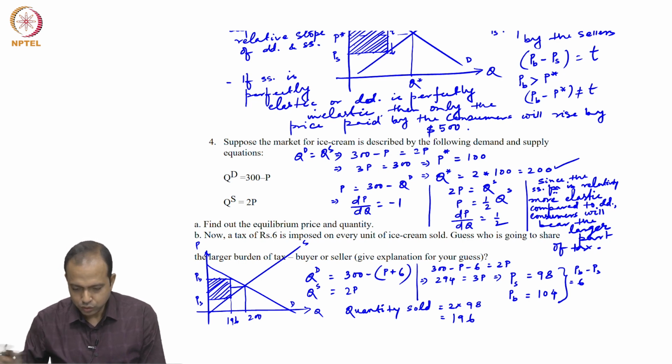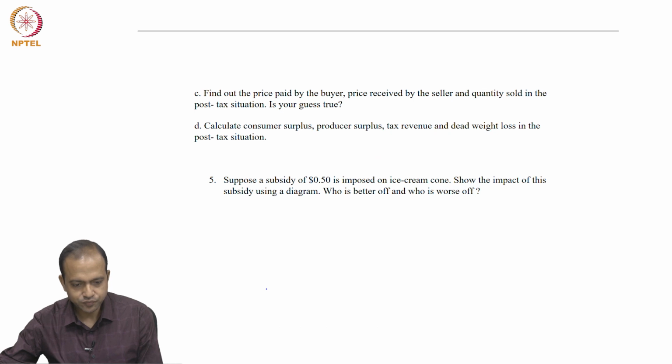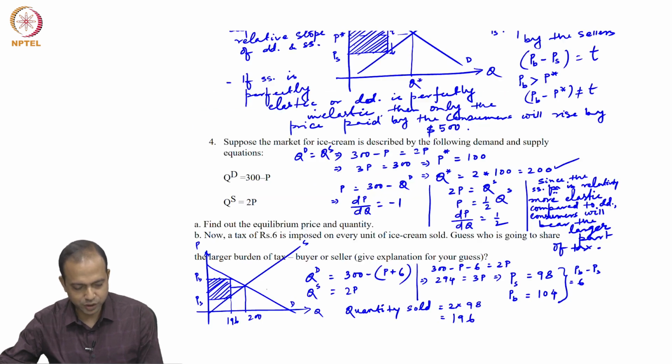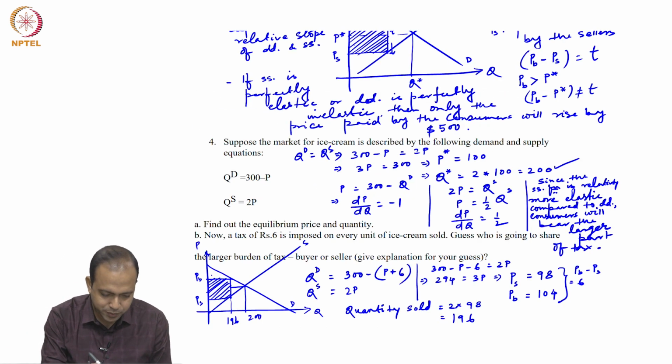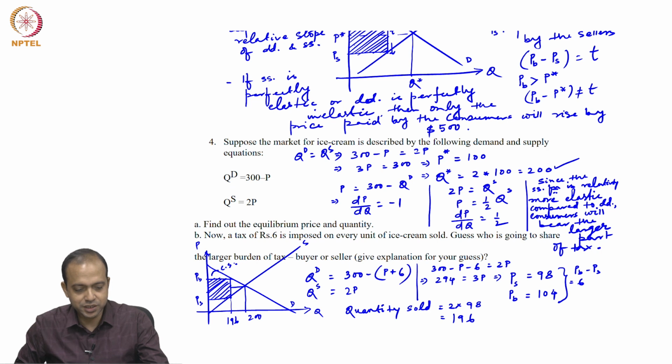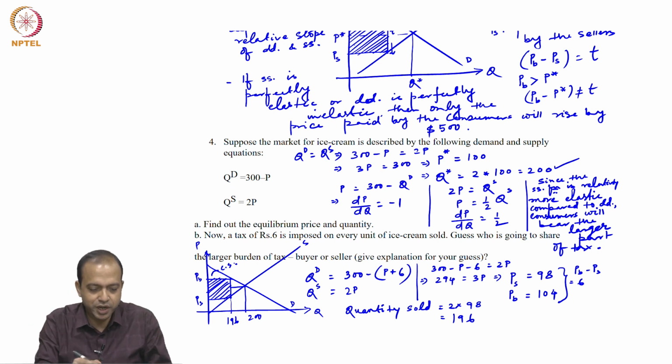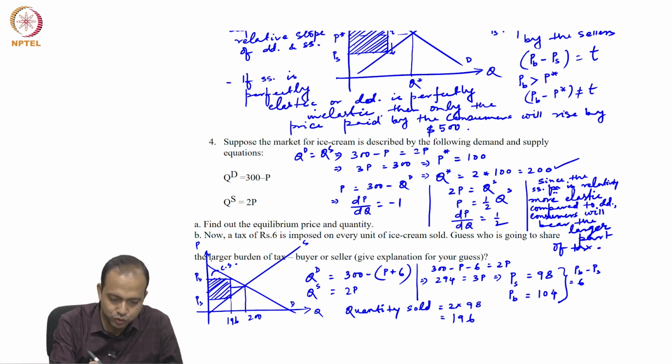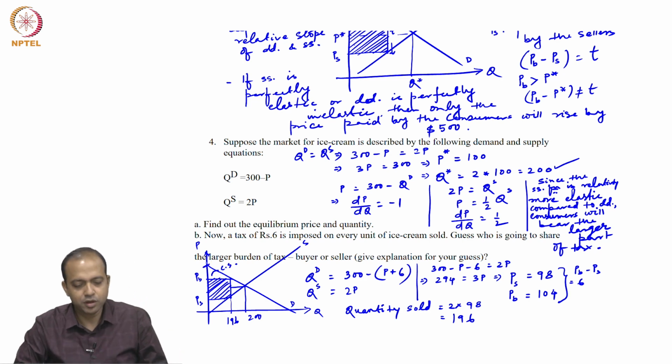So, what is the question they are asking? Consumer surplus. So, consumer surplus is basically this area. To find out the consumer surplus, that means half into base into height. So, we need to know what this is, right.